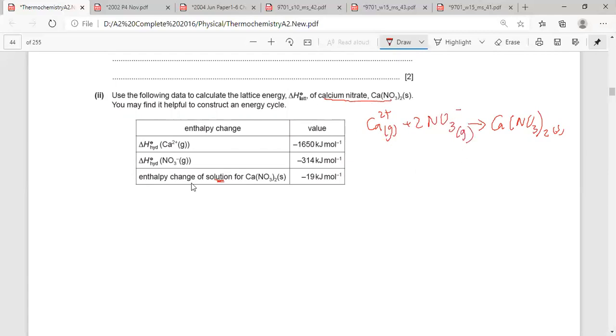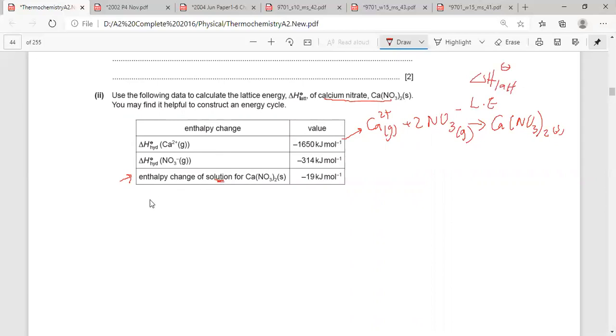So how do you start? You start with the heat of solution, because it's all in solution. So now you write the equation first. Heat of solution means 1 mole of the substance dissolved. This here is your lattice energy, delta H lattice.